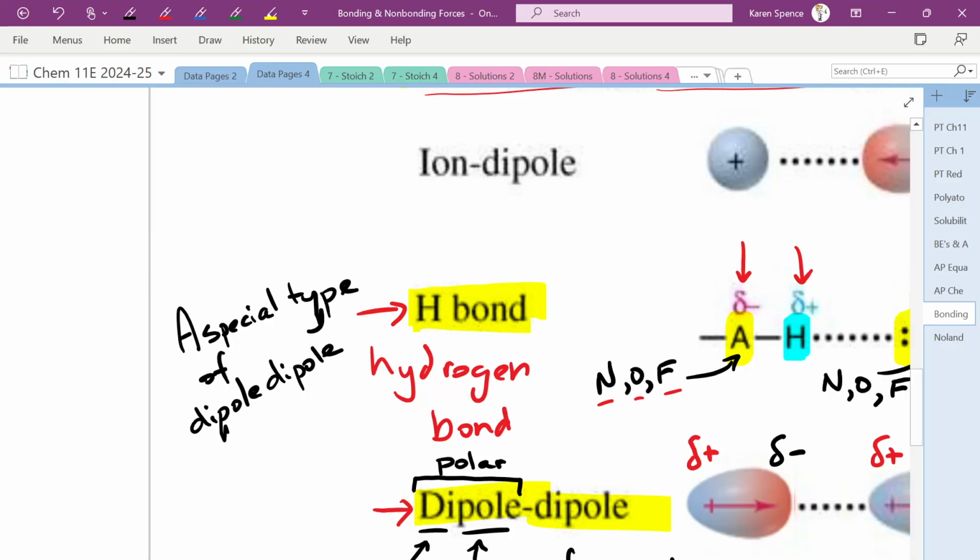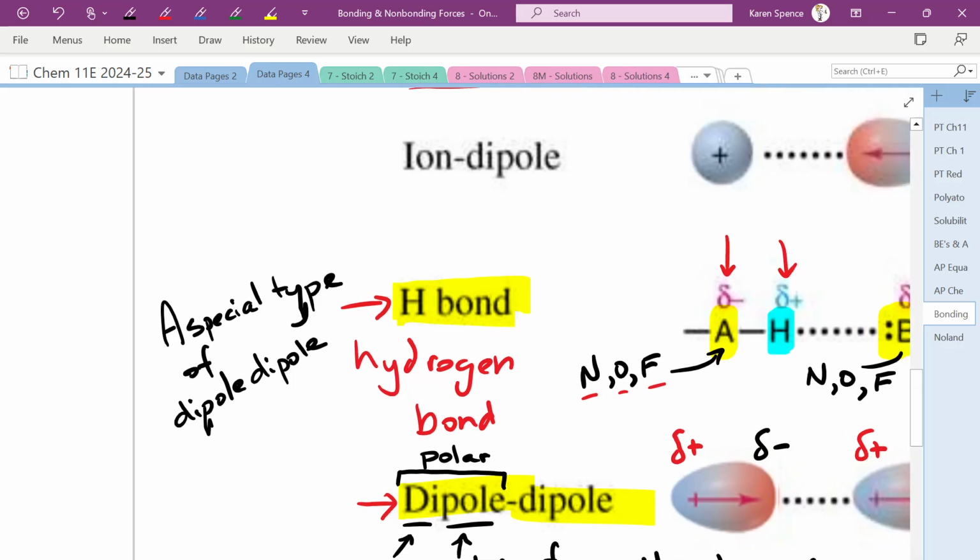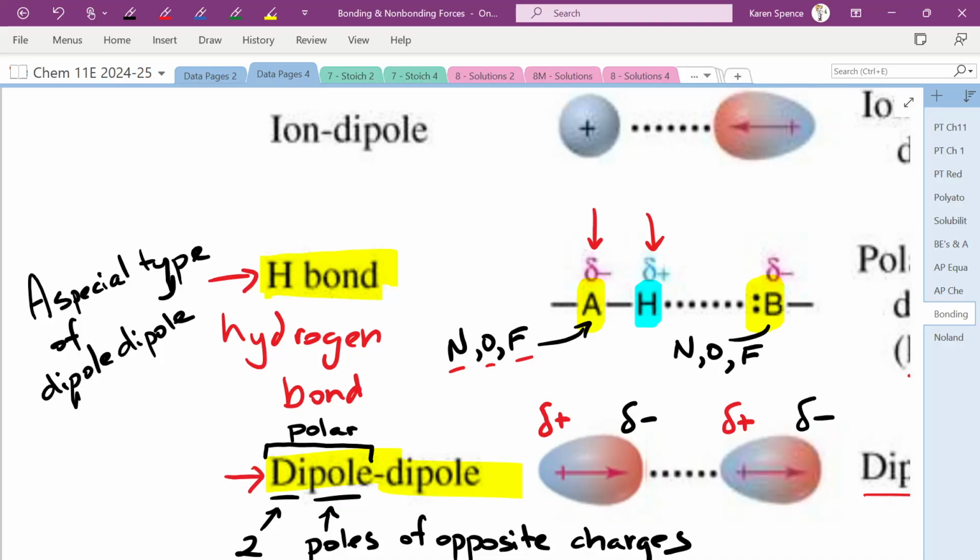Okay? So in a hydrogen bond, we have to have an N, an O, or an F bonded to an H. We also have to have another N, O, or F, and it doesn't matter what it's bonded to. It can be bonded to an H, it can be bonded to something else. But this is on one molecule and this is on a different molecule.